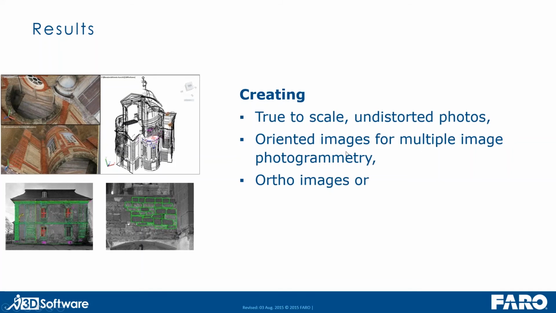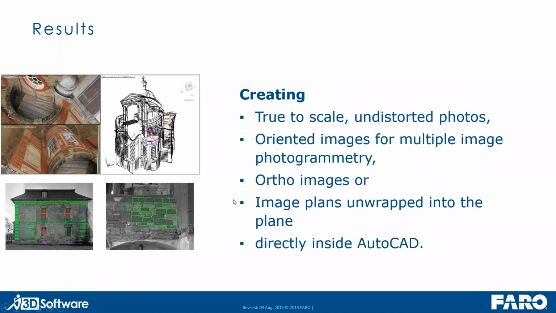From those oriented images and surfaces, you can derive ortho images or image plans unwrapped into the plane. And all this, as already mentioned, can be created directly inside AutoCAD.